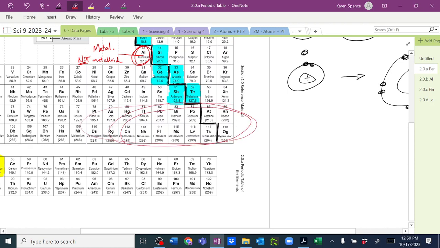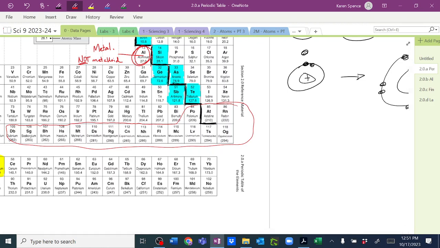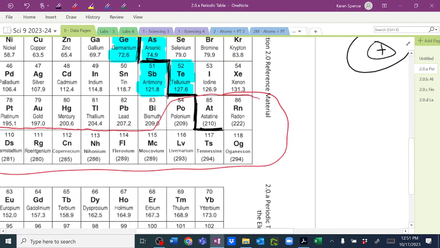Lead is useful, but these elements down here, you're never going to see them in Science 9. So if you don't know whether they are metalloids or not, don't worry about it.